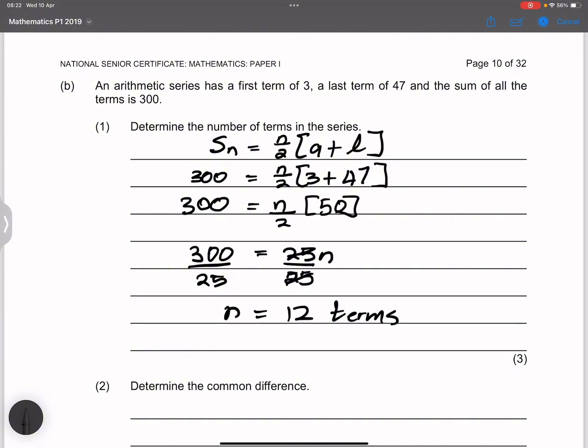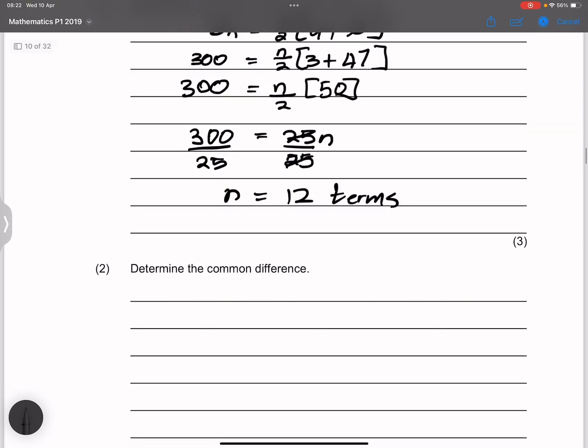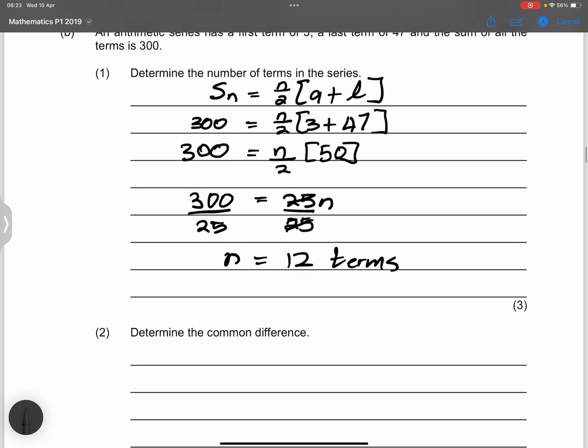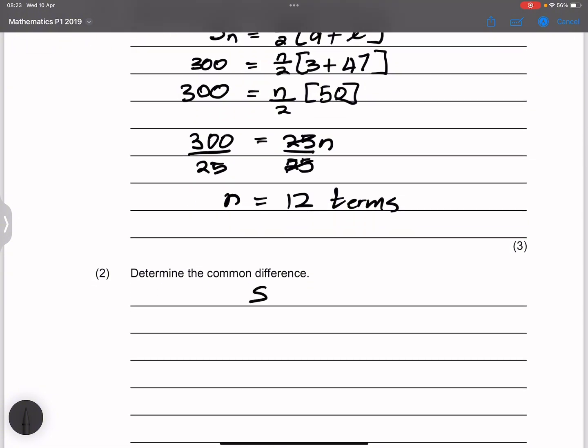Right, and they say determine the common difference. So remember, what do you have in this case? You've got the sum of all the terms. So I'm going to say Sn is equal to n over 2 into 2a plus (n minus 1)d.